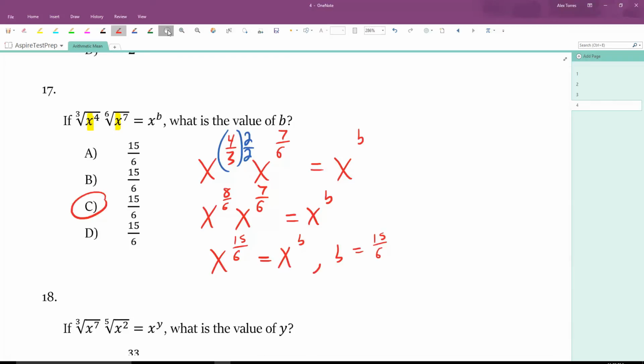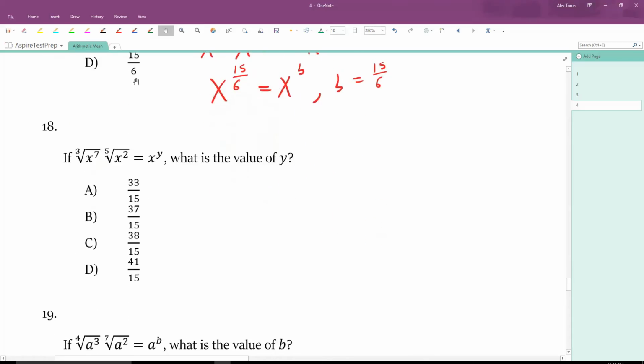Going over to number 18 now, we're going to go ahead and write both of these radicals as fractional exponents. So we have x to the 7/3 times x to the 2/5, and we're going to have to add those fractions. So in order to add them, we need the same denominator. So we can multiply this one by 5/5 and this one by 3/3.